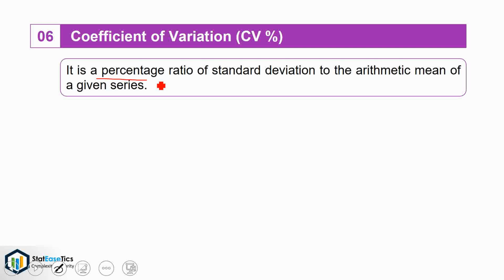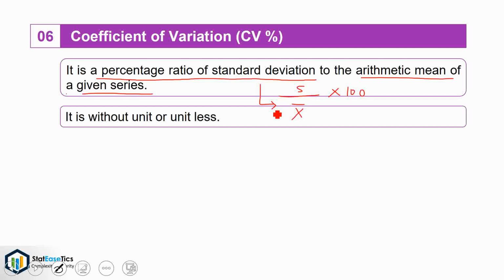CV% is a percentage ratio of standard deviation to the arithmetic mean of a given series. It is without unit, a unitless quantity.